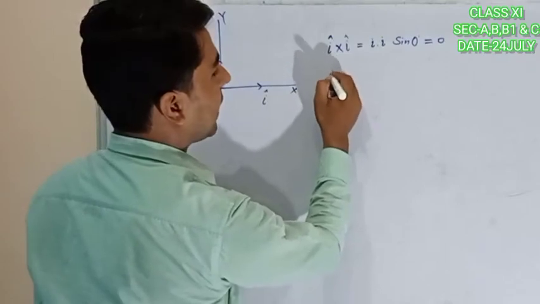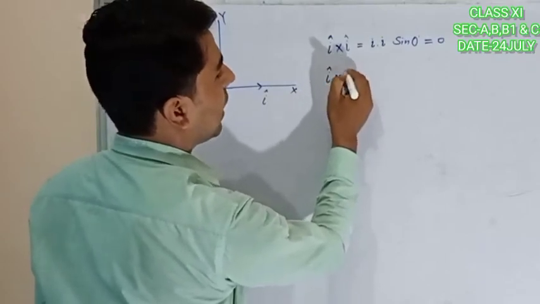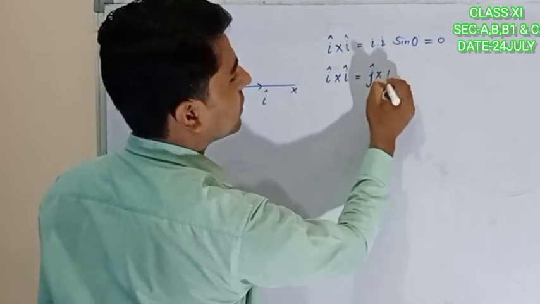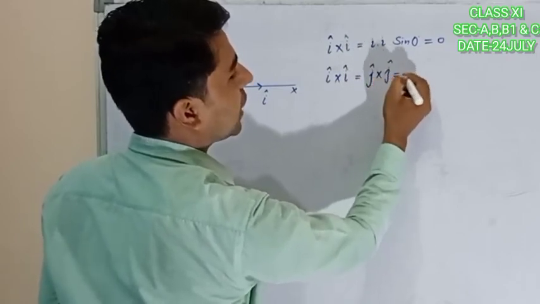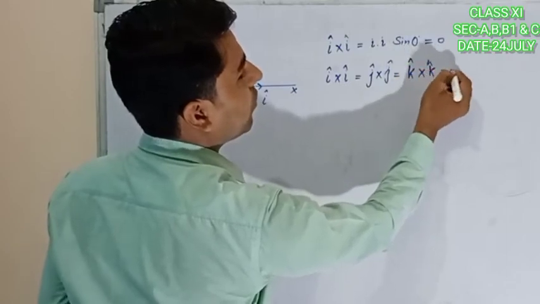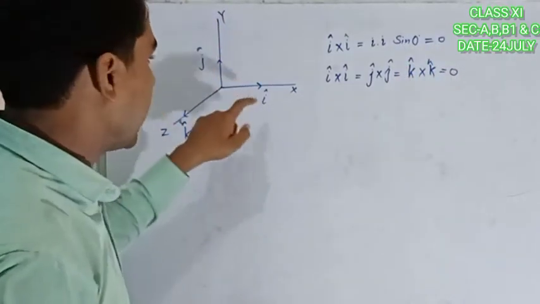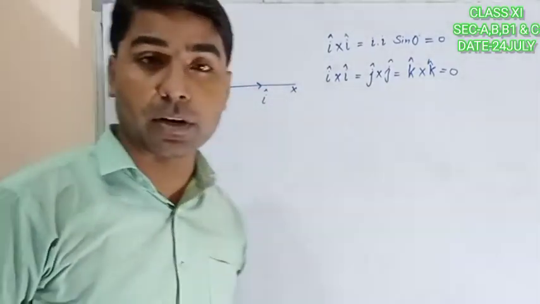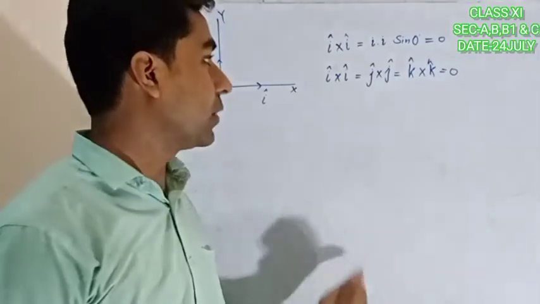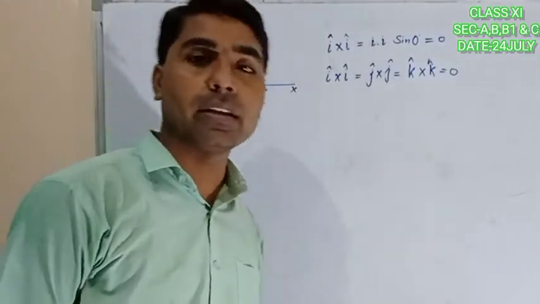So simply we can write i cap cross i cap is equal to j cap cross j cap is equal to k cap cross k cap, which will be 0. In the dot product, i dot i, j dot j, k dot k was 1. But here i cross i, j cross j, k cross k is giving 0.